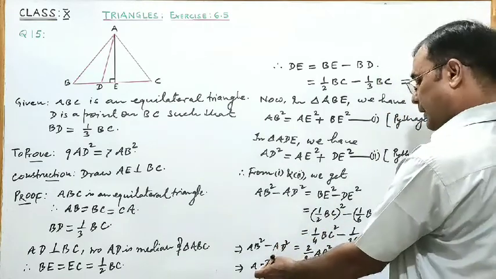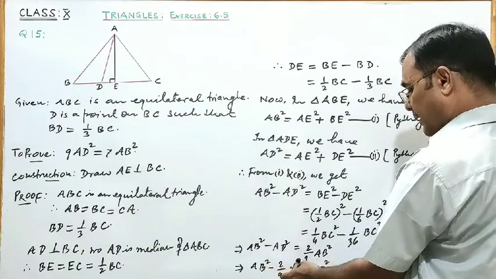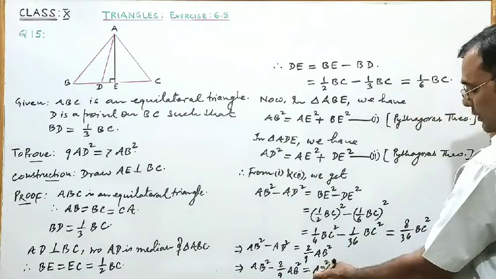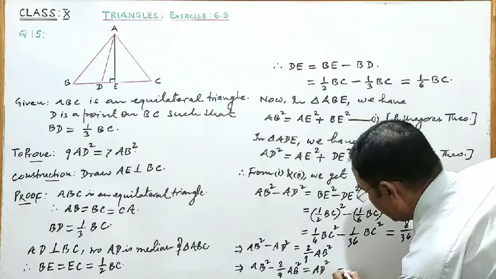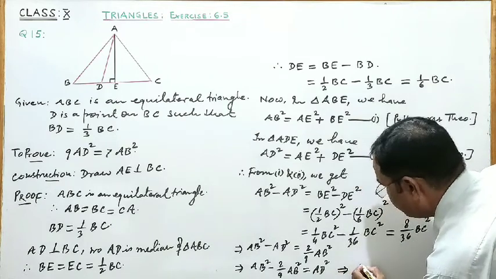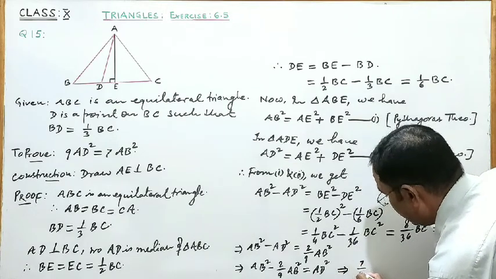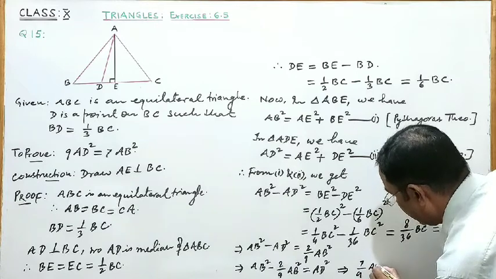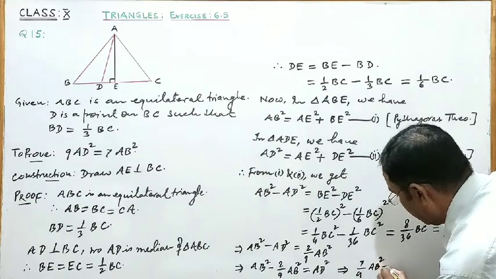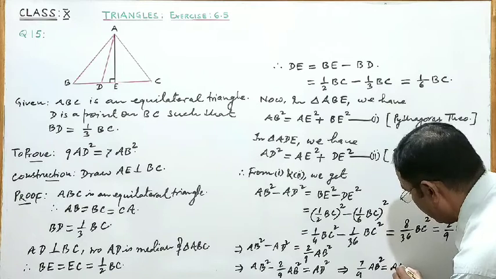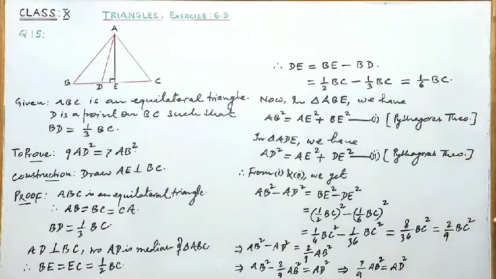So we have got AB square minus 2 by 9 AB square is equal to AD square, and this implies 7 by 9 AB square is equal to AD square.